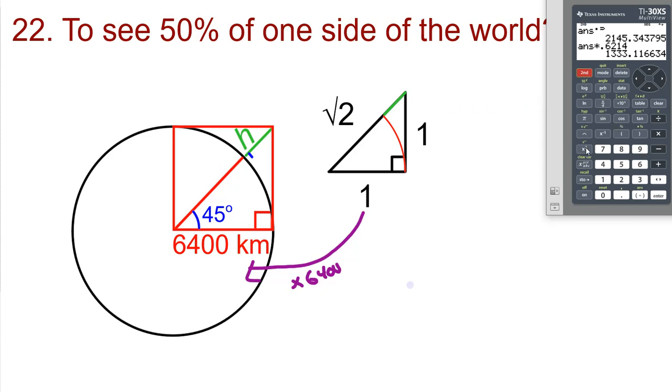So square root of 2, I'm going to arrow over so I'm no longer in the radical, minus 1. Okay, so that's our scaled down model difference between that. And then just simply multiply it by our scale factor of the entire radius of the world in kilometers. And that gives us the height above sea level they would have to be, which would be 2650 kilometers.